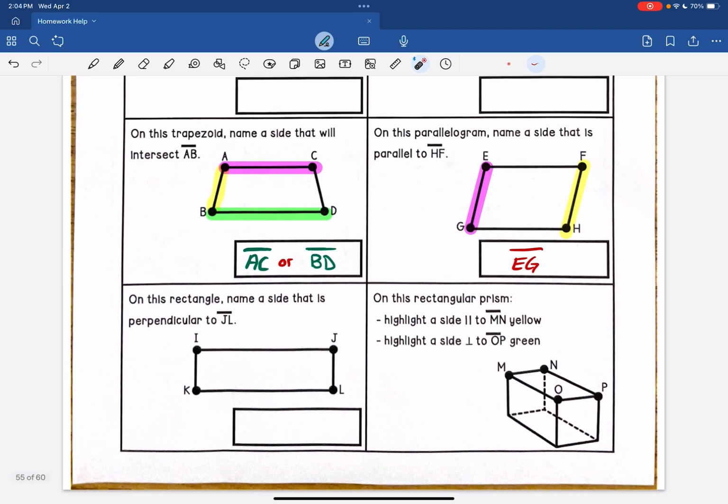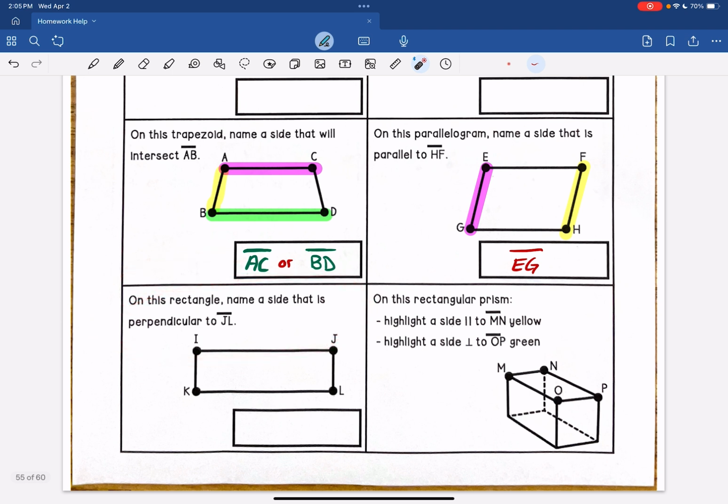All right. For this one, try to list a side that is perpendicular, forms a right angle, with side JL. Okay. And so you'll write a line and then two letters, like I did up here, to represent the side that you want.